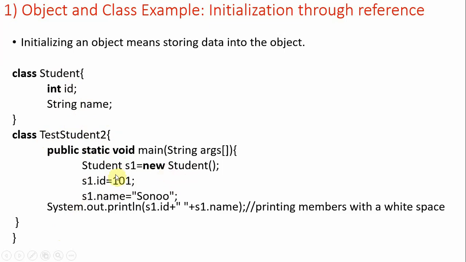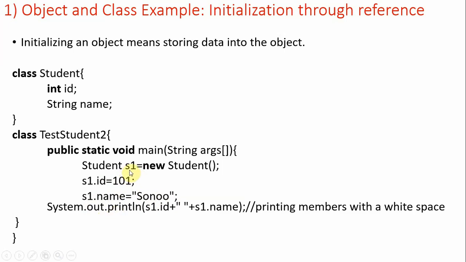We are accessing them, so we can assign values to the objects. s1.id equal to 101, s1.name equal to Sonoo. Just as we assign values to normal variables, like that we can also assign values to the object.